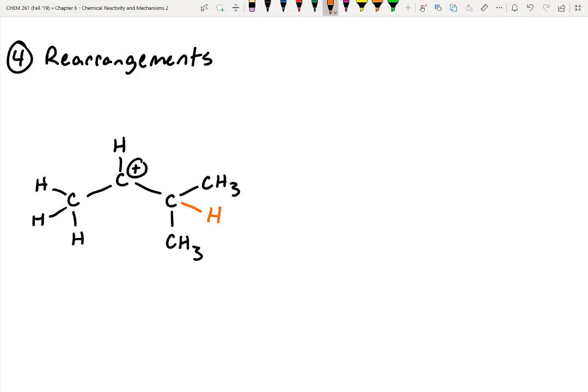So this is our starting molecule. In this case, if we look at this carbon with the positive charge, is it a primary, secondary, or tertiary carbon? And how do we determine that? You remember how we did that when we were going through the alkane naming? What do we ask ourselves? We ask ourselves how many other carbons are attached to that carbon, right? So in this highlighted carbon, how many other carbons is it attached to? 2. So we would call this a secondary carbocation.